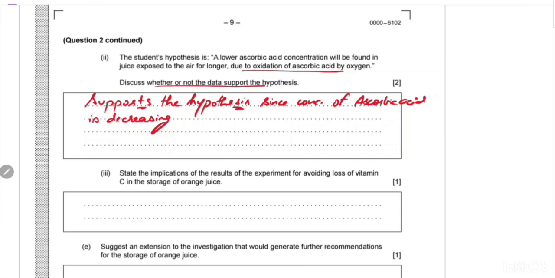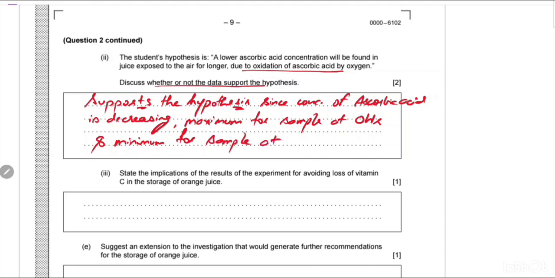It is maximum for the sample at 0 hours and minimum for the sample exposed for 24 hours.